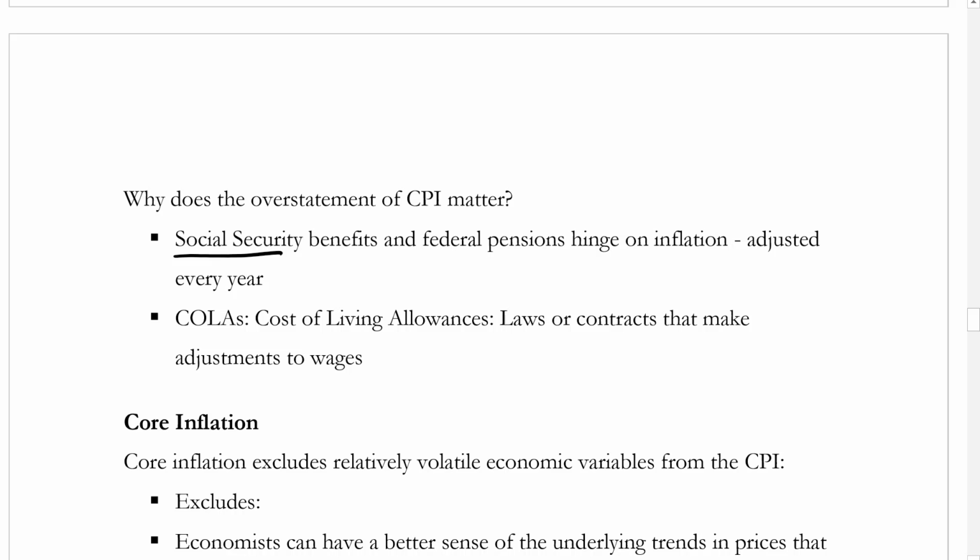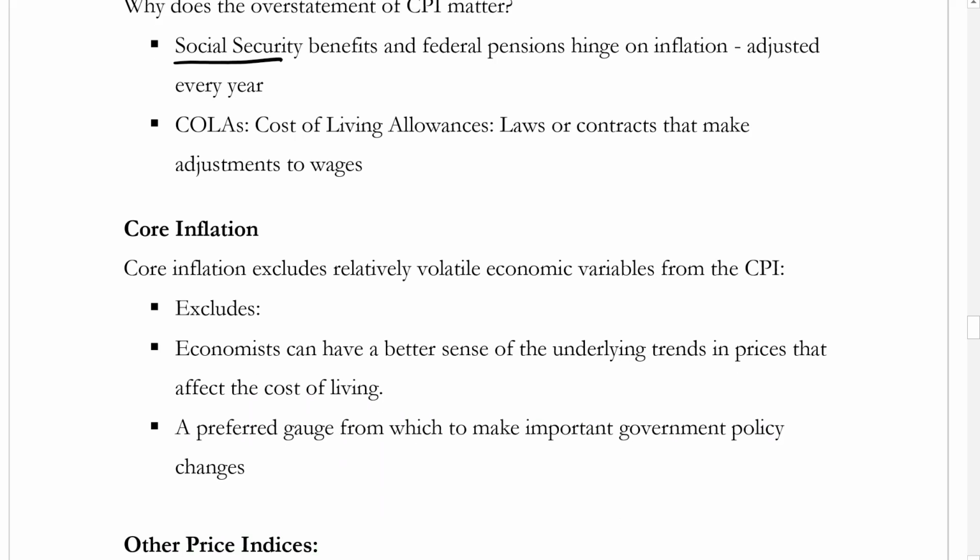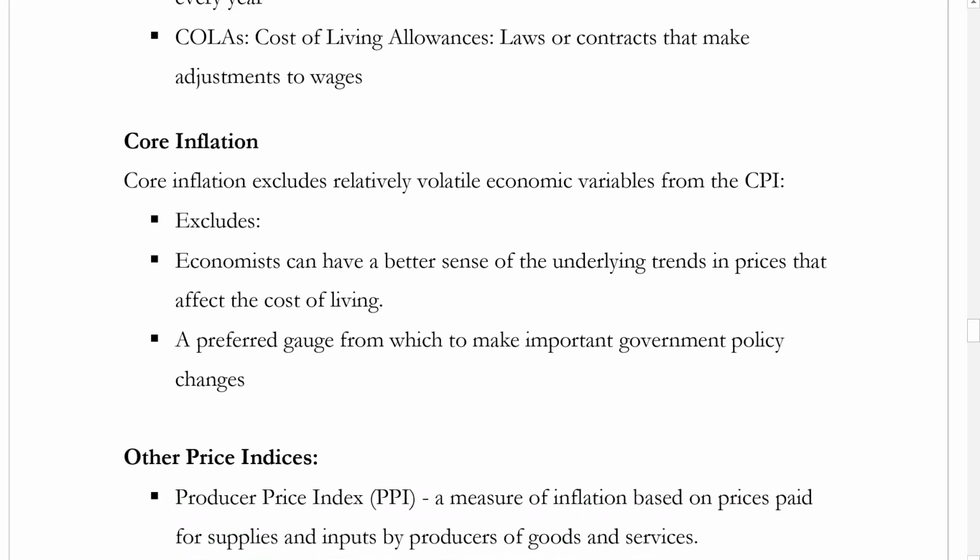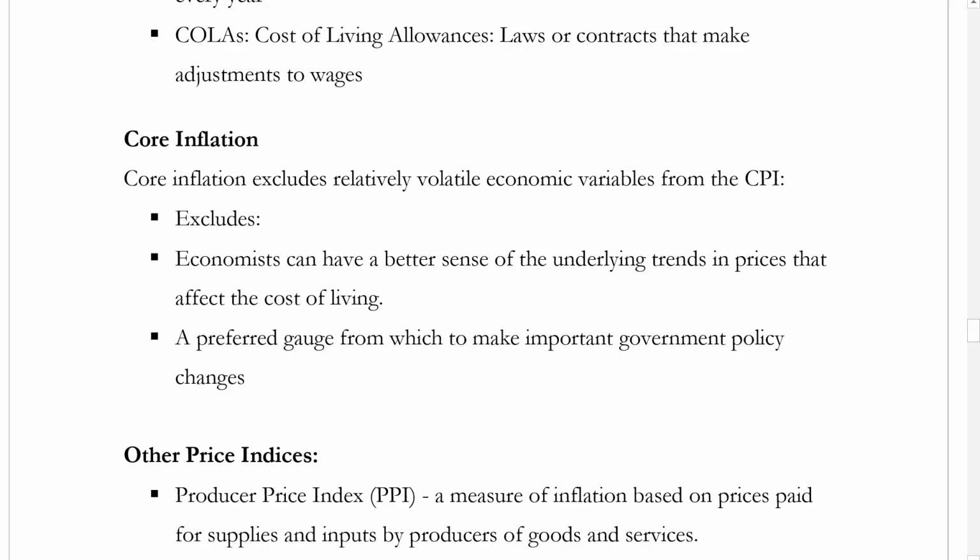A couple more topics here about inflation. For this video, we're going to look at core inflation and a few of the other price indices to round out this video. Core inflation excludes relatively volatile economic variables from CPI, like food and energy. Food and energy prices swing a lot more than the other goods in the economy.